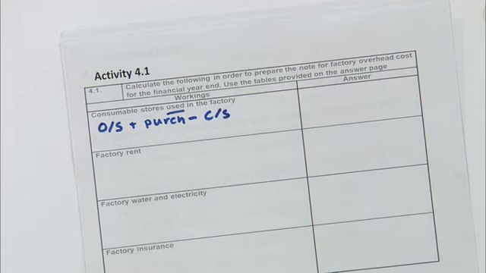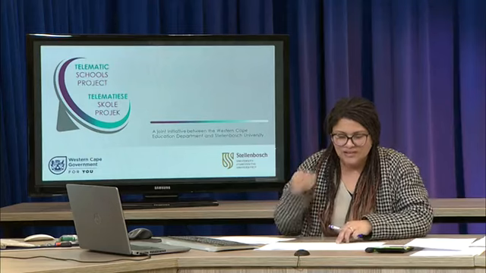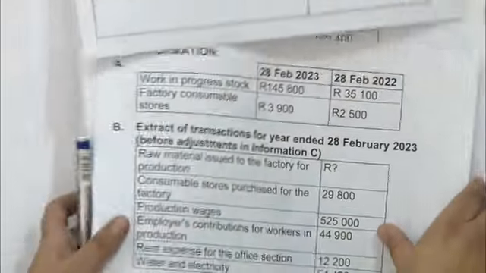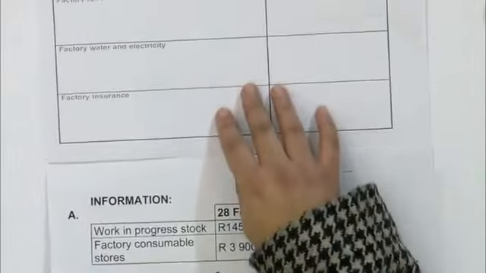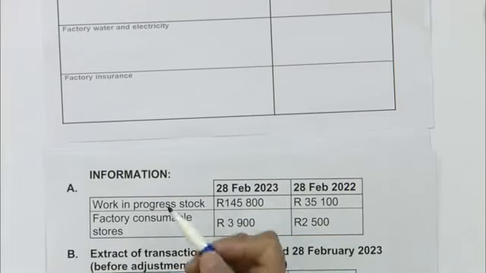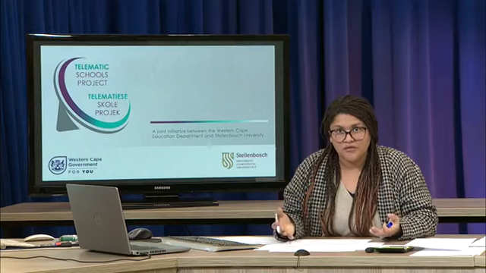So now they're making reference to consumable stores. Now we're going to look for information relating to consumable stores. Right, and as they were very kind, they told us we needed to look at information A, and we see that information A, what does it say over there? Consumable stores. So we know we have to use that information.